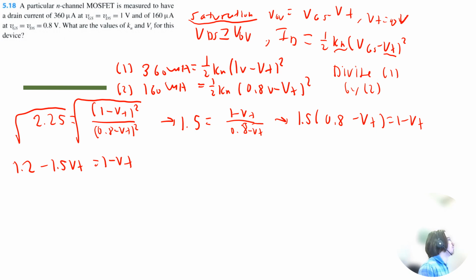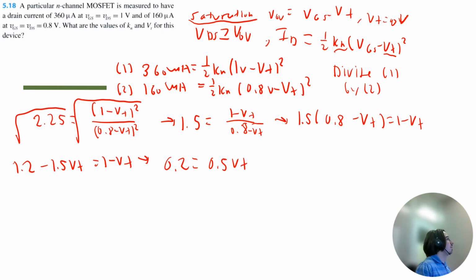Now we just need to isolate Vt, so I'm going to add 1.5 Vt to the right side and subtract 1 from the left side. So we get 0.2 is equal to 0.5 Vt, which means Vt is equal to 0.2 divided by 0.5, which is equal to 0.4 volts.